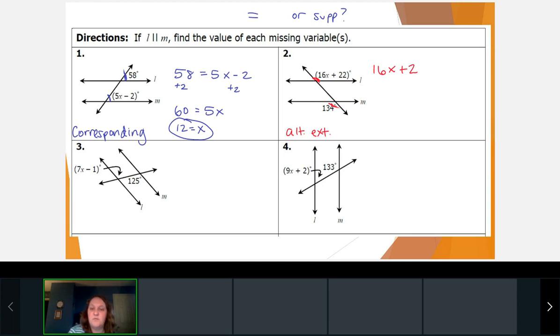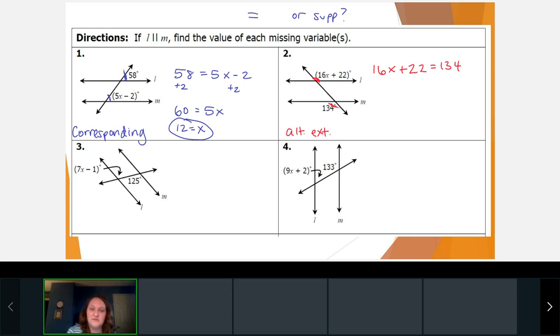Now, if you didn't remember, or you haven't done the play pause yet, so you just didn't see that relationship, that alternate exterior angle, you can at least set up this equation because you should be able to recognize that they are both obtuse angles. And since they're both obtuse and the lines are parallel, these must be equal. So there's a little loophole.